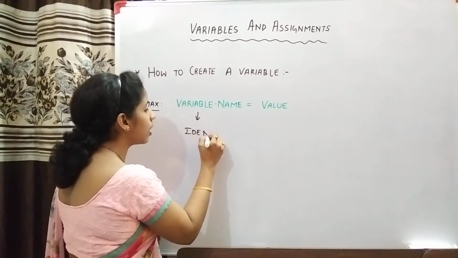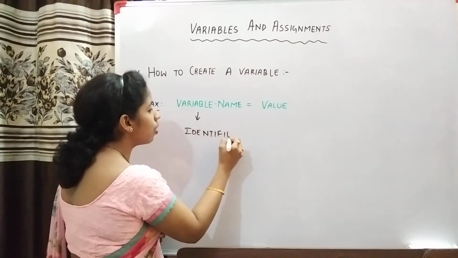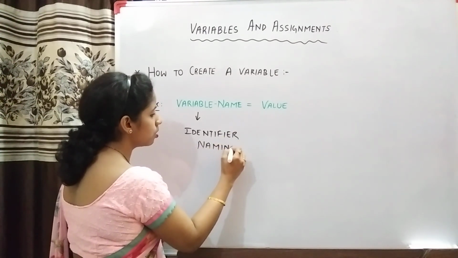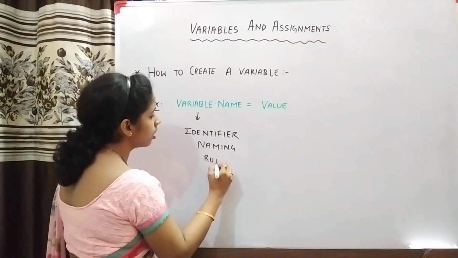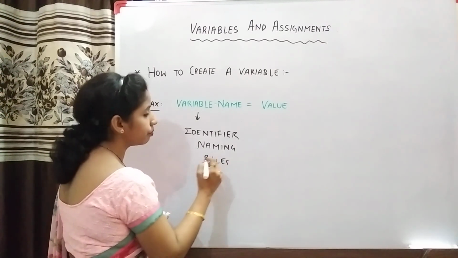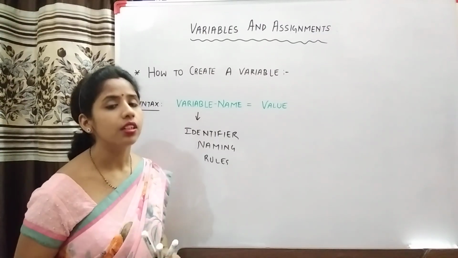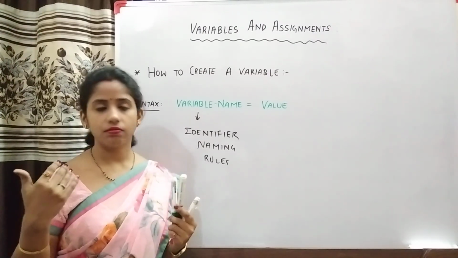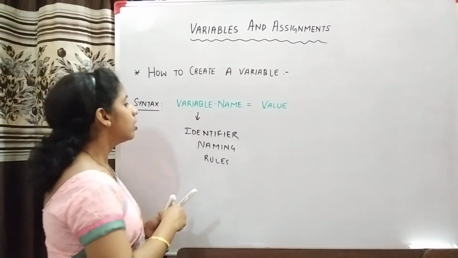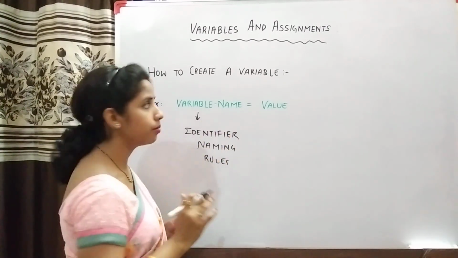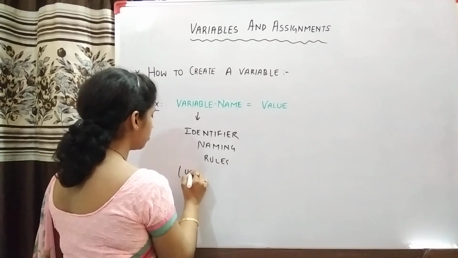So you can keep any name for your variable, but you have to follow identifier naming rules, which you have already studied in the video of Python fundamentals, that is, the tokens.